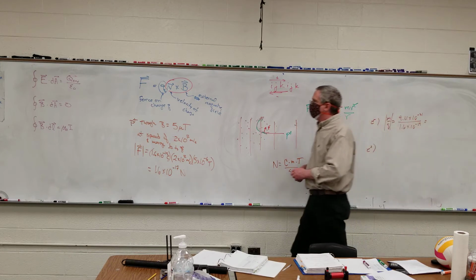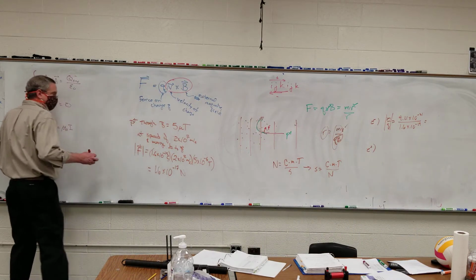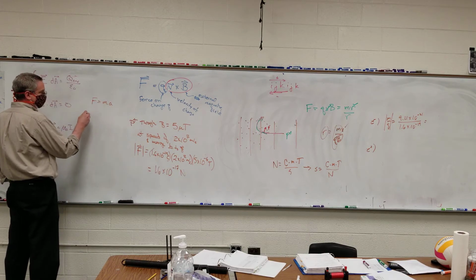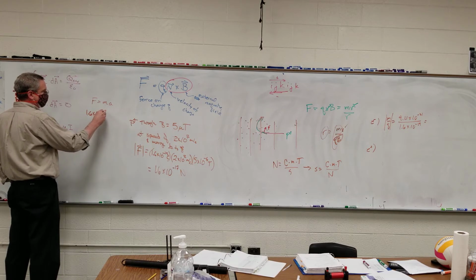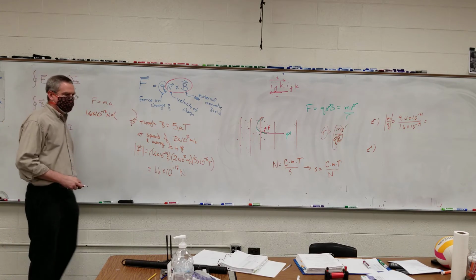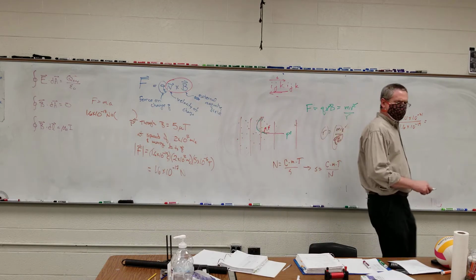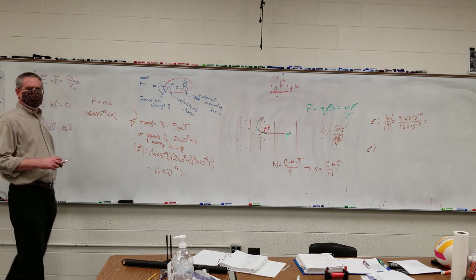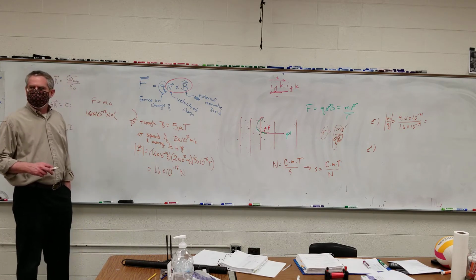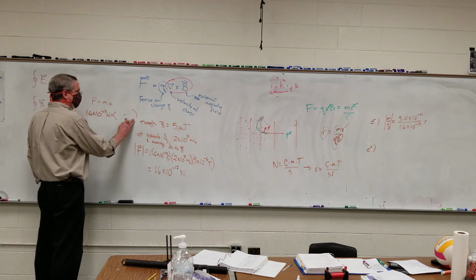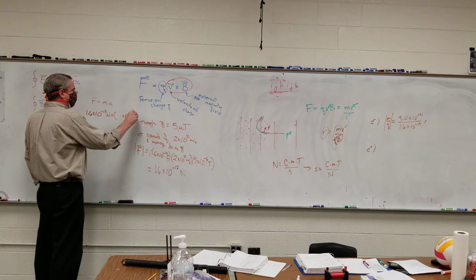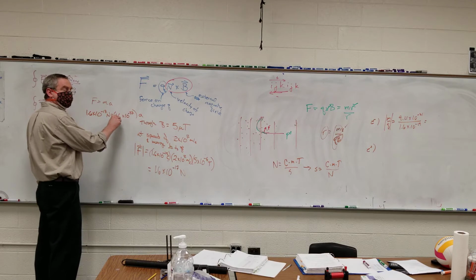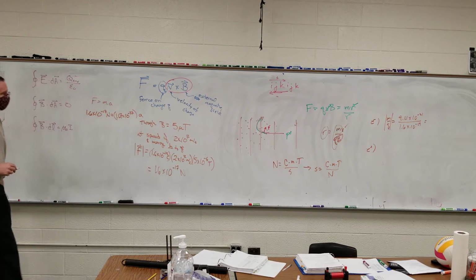The centripetal acceleration of this proton, well, I know F equals ma. And so I got 1.6 times 10 to the negative 17th newtons is equal to the mass of a proton, which is 1.67 times 10 to the negative 27th kilograms, times a.